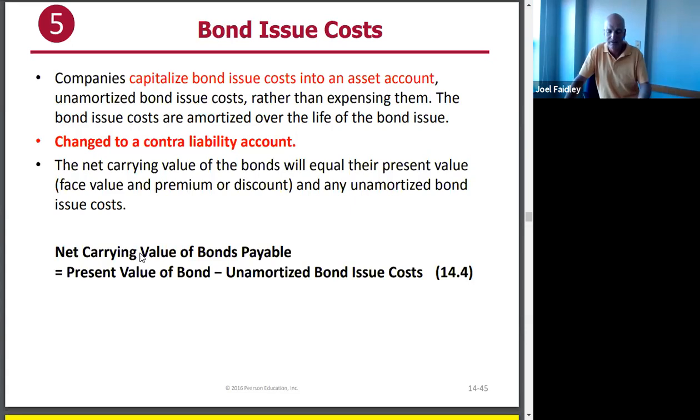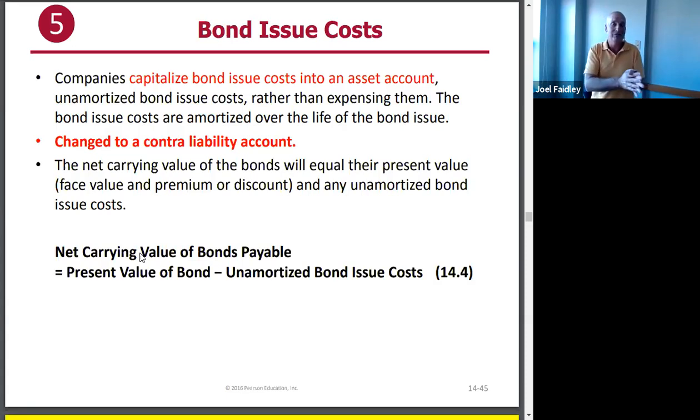This is one that's changed. What has changed, I've got in red there. This has been changed from an asset, the bond issue costs, gathering all these costs associated, instead of expensing it. Assets are debit balances, expenses are debit balances. Instead of expensing it, it used to be, and the text tells you that you should make an asset and then amortize that straight line over the life of the bonds or maturity or the service period of the bonds.